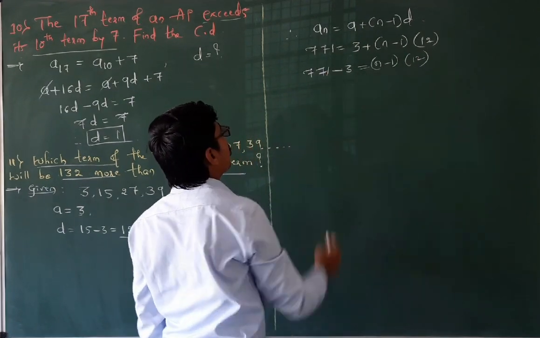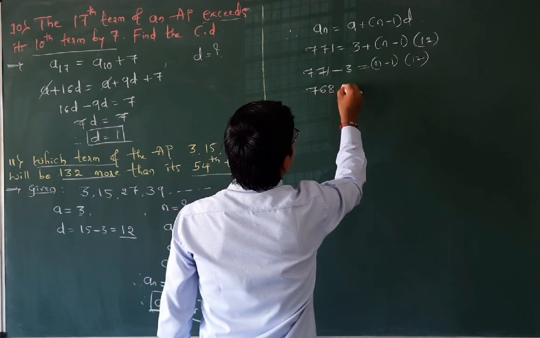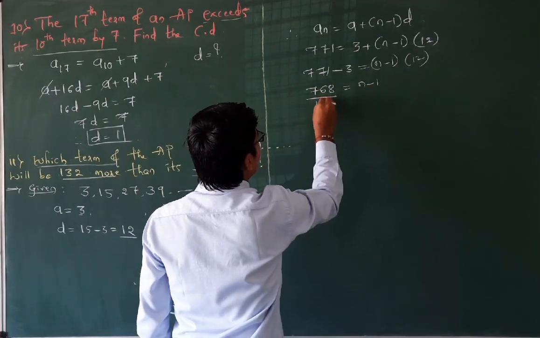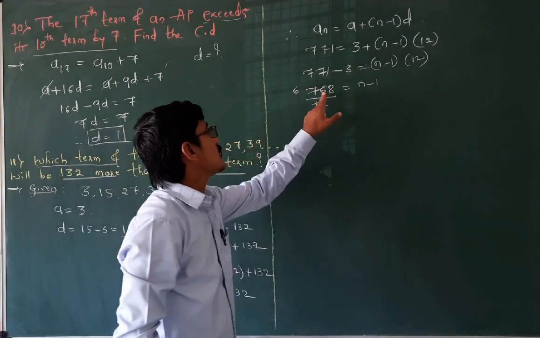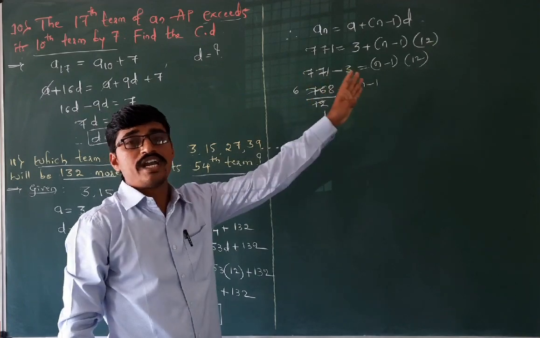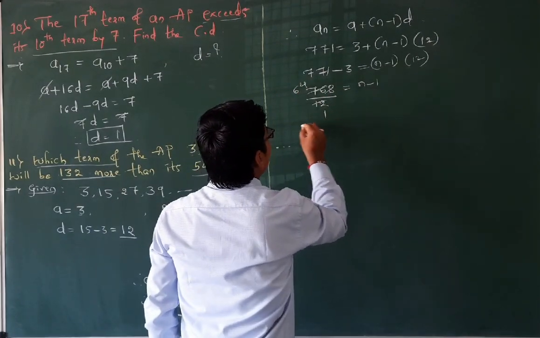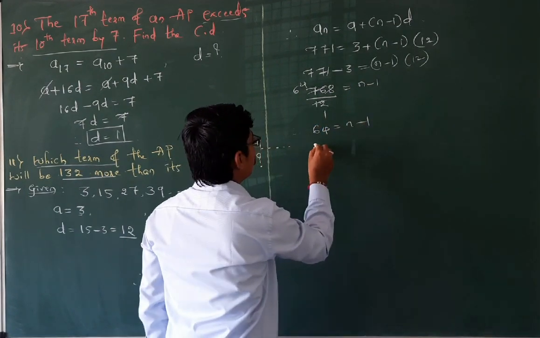So 771 minus 3, you will get 768, is equal to N minus 1 into 12. 12 comes here, it becomes division. So 12 ones are 12, 12 6s are 72, 4 remains, 12 4s are 48. Therefore 64 is equal to N minus 1.